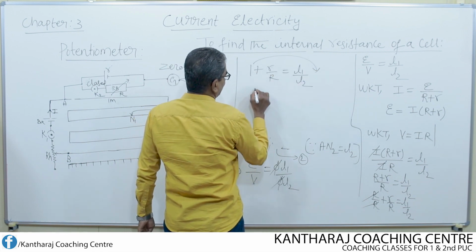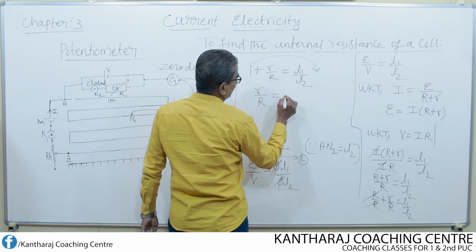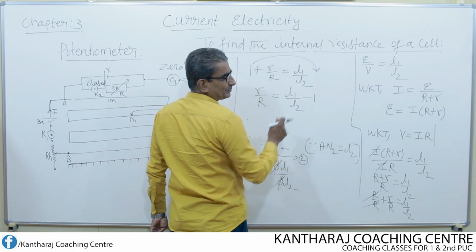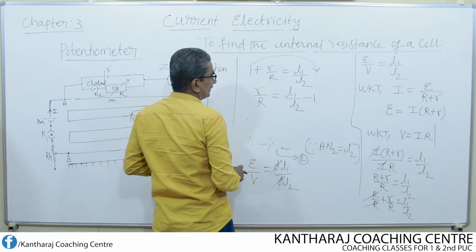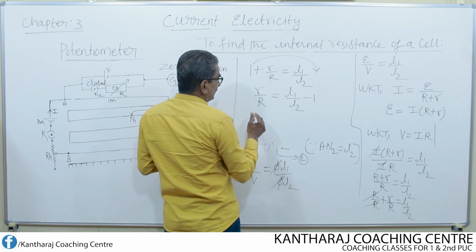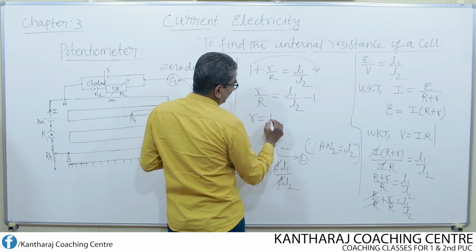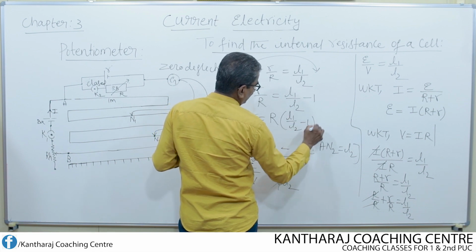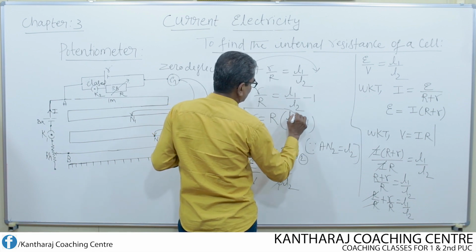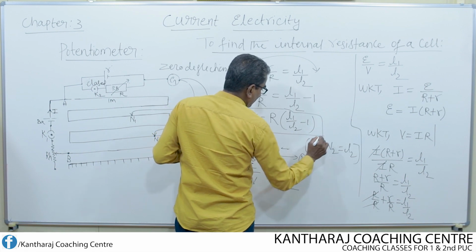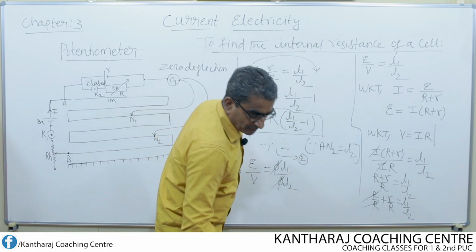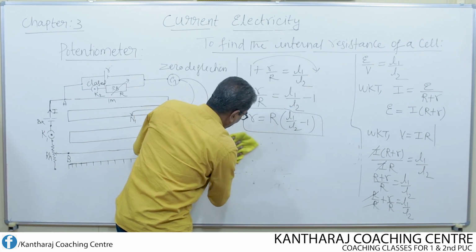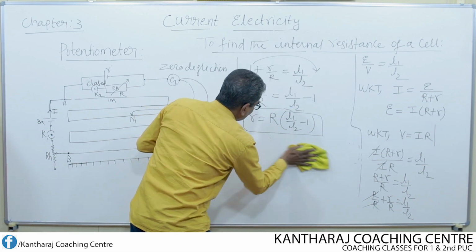Shift this 1 to the other side. Then r by R is equal to L1 by L2 minus 1. Plus 1 becomes minus 1 after shifting to the right hand side. Now we need to find only r. What is r? r equal to R into L1 by L2 minus 1. So this is the expression for the internal resistance of a given cell.